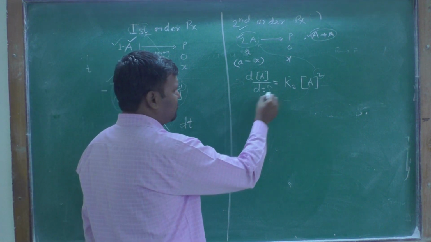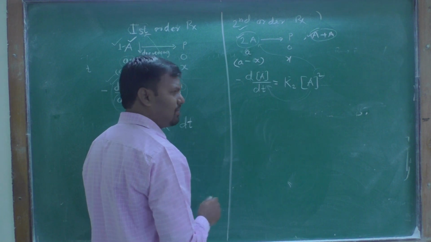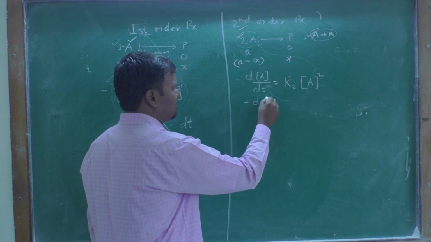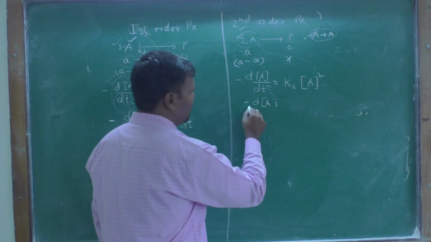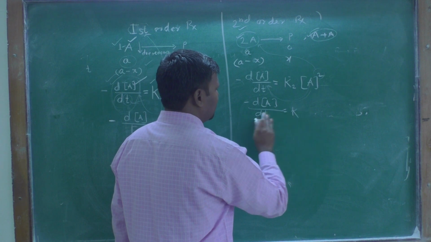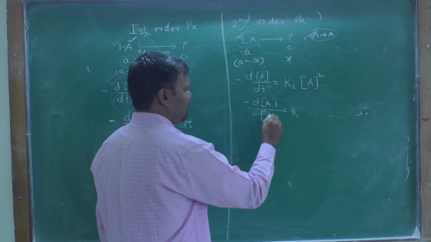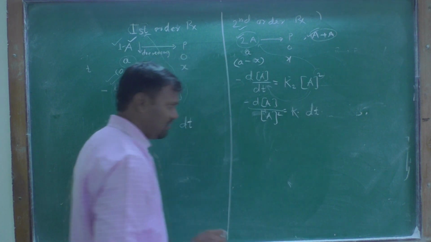In this case we also rearrange: A square will be transferred to the left hand side, therefore minus delta A upon A square is equal to k into dt. Remember this.